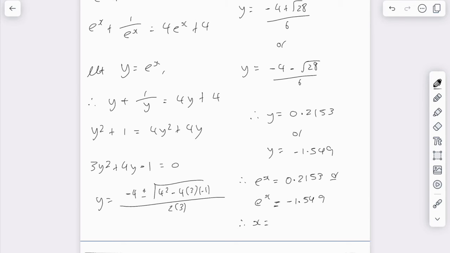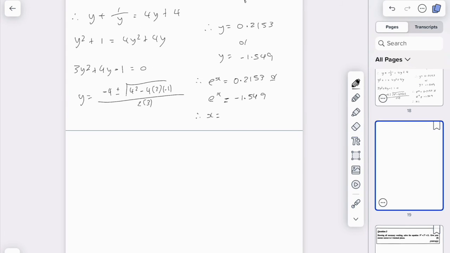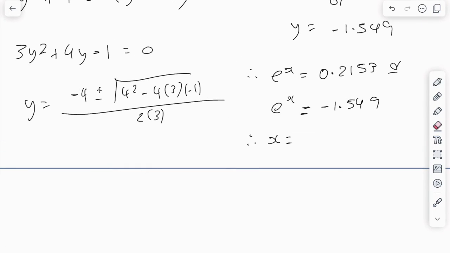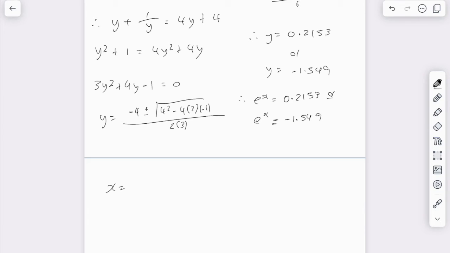So x is going to equal ln 0.2153, which gives me negative 1.536, or x is going to equal ln of negative 1.549.